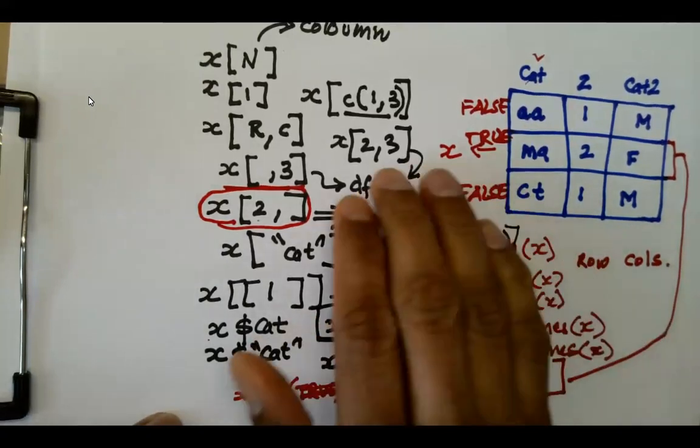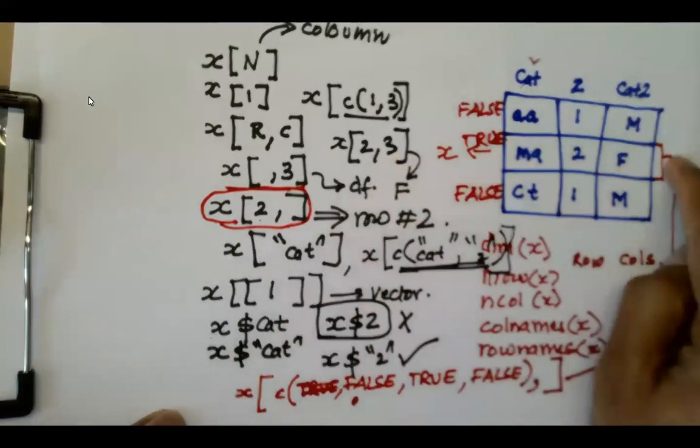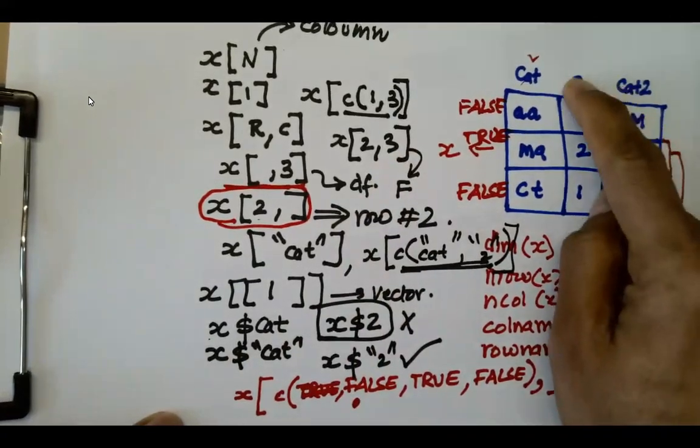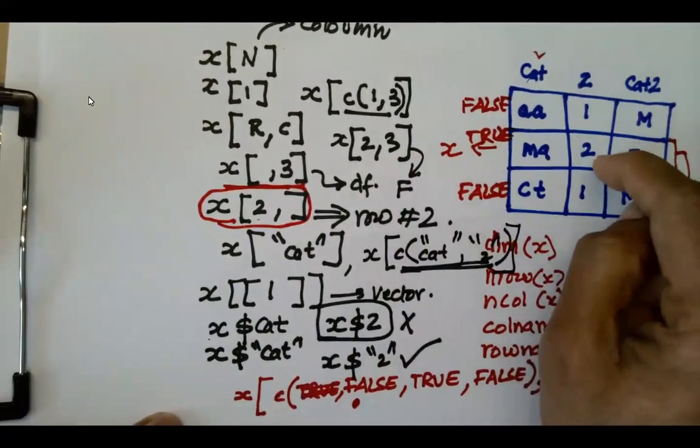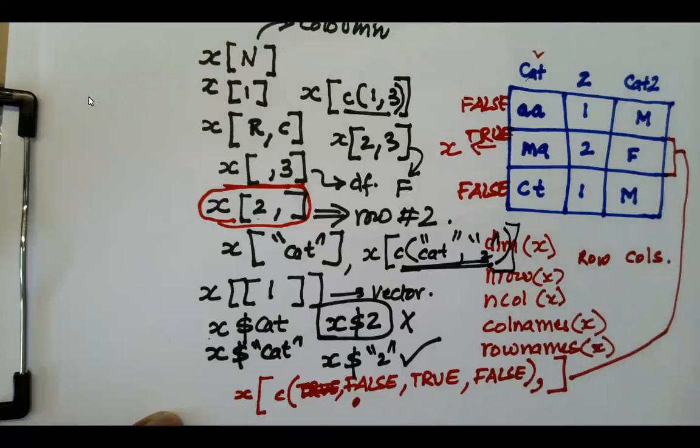So the first question is why we would want a particular row. Maybe we want any rows whose value in column 2 is equal to 2. Let's say that's our criterion for subsetting. How will we do that?